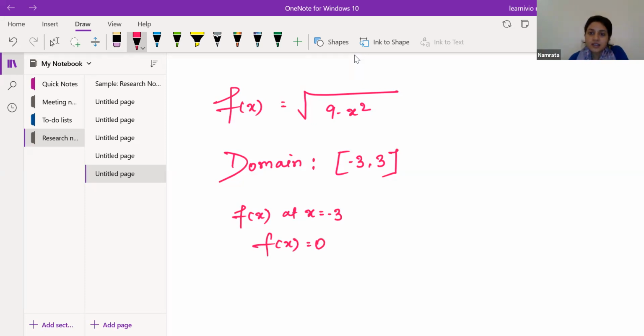Are you getting it? Yes, ma'am. So when you put -3 in your function, your y value will be 0. Okay, that means your y value will be either 0 or more than 0. Now what will be the y value from the second case that we have solved?